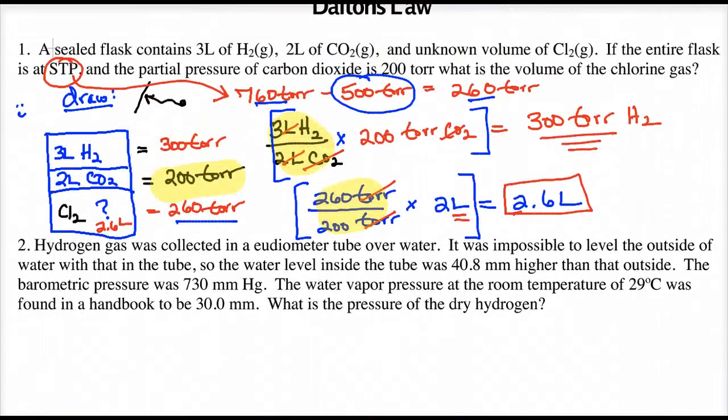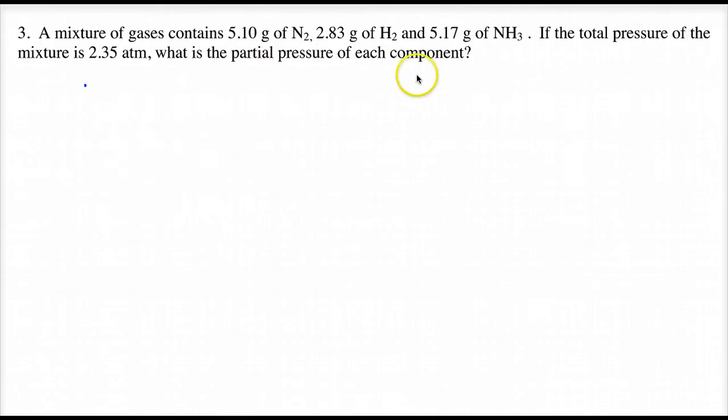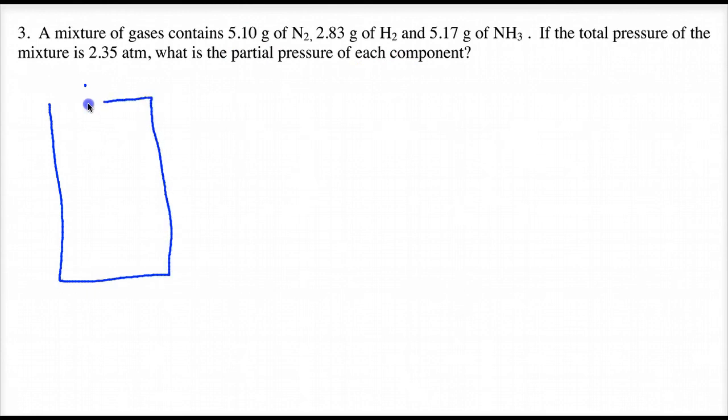Oops, let's erase number 3 first. In number 3, I have 3 gases in a container, so let's draw. Okay, here's my fancy flask. And I have 5.10 grams of nitrogen. You can mass out a gas. I have no idea what the volumes are.